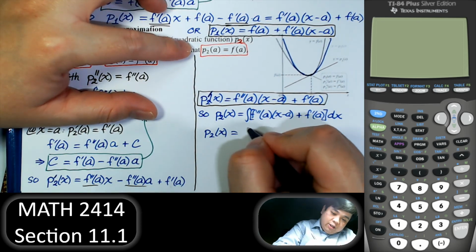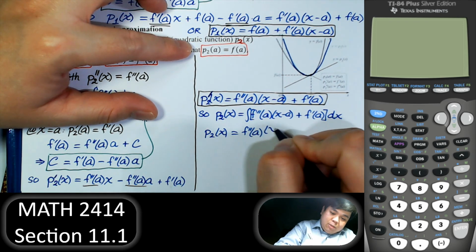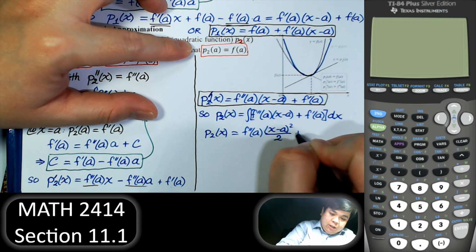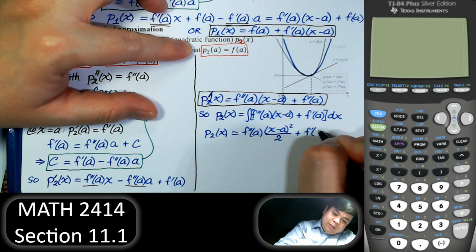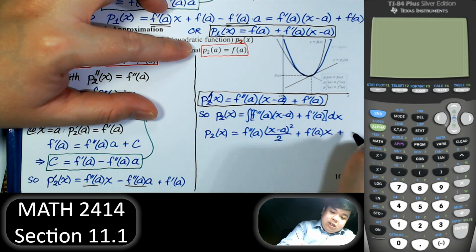Integrating this, we have the second derivative times the integral of (x minus a), which is (x minus a) squared over 2. And the first derivative is a constant actually, so we multiply by x and then just plus c.